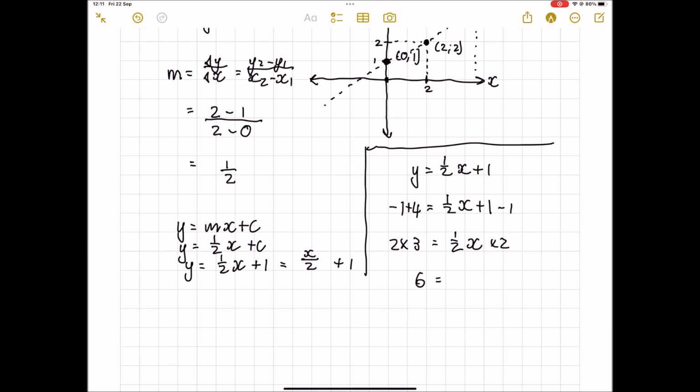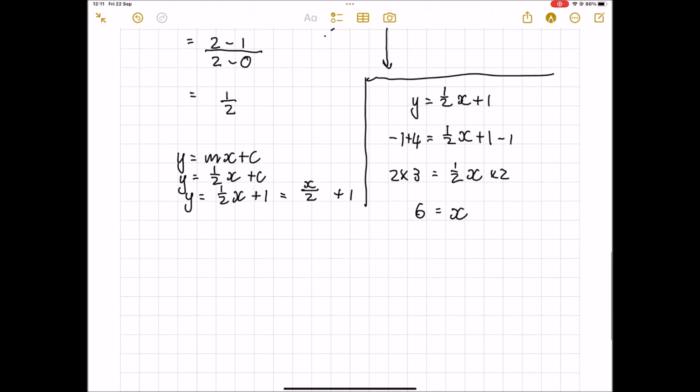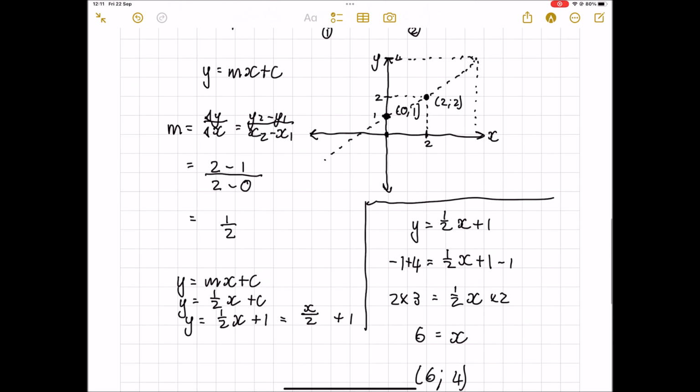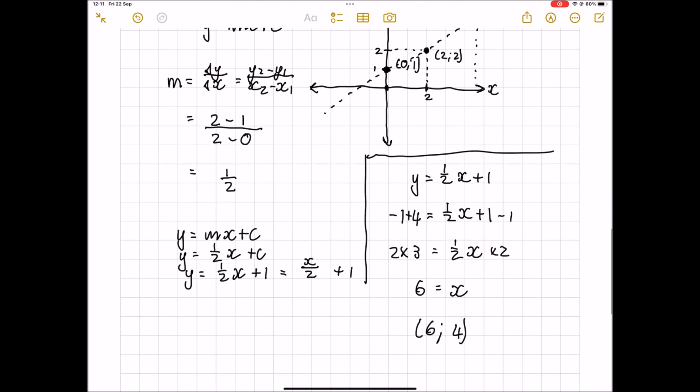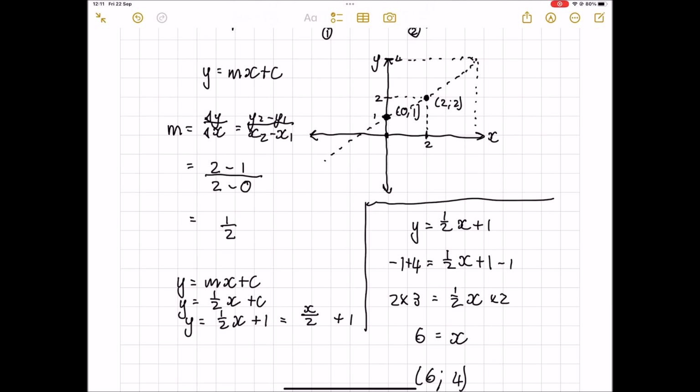And then you get 6 equals x. So now the point on the graph is 6, 4. So now you know when the y is 4, x is going to be 6. So you can write that in there.